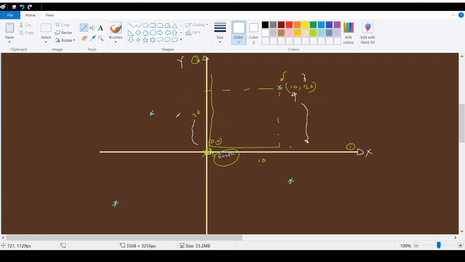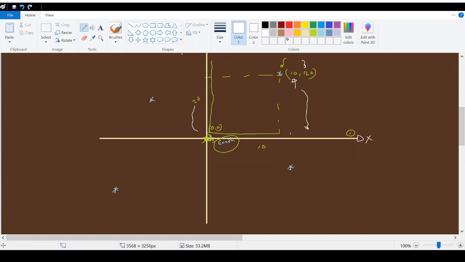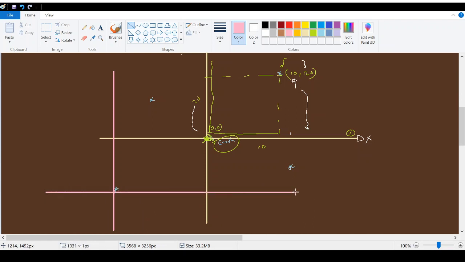But the thing is, it is not a must to have the origin at this place all the time. Now some other person can define the origin at this point. Then we have to mention the position of all the other objects with respect to this new origin.